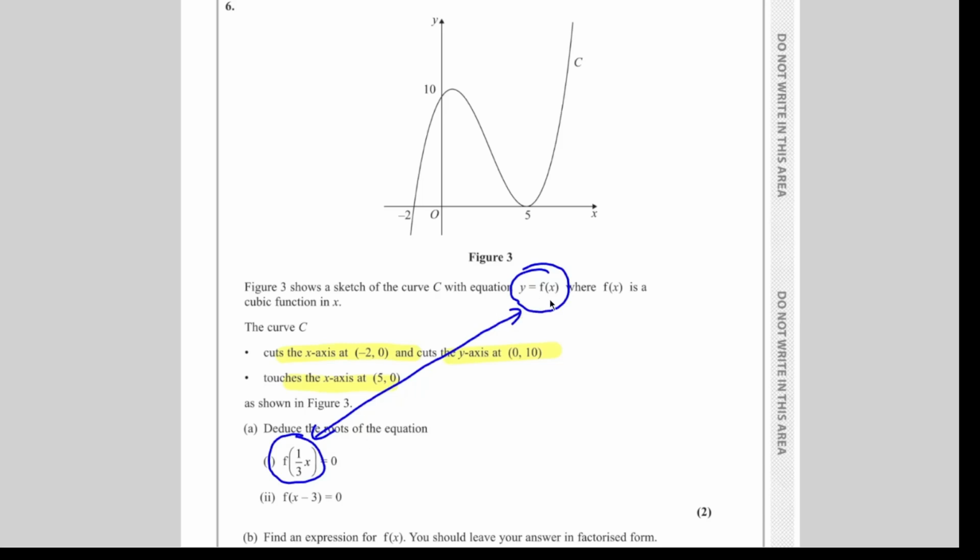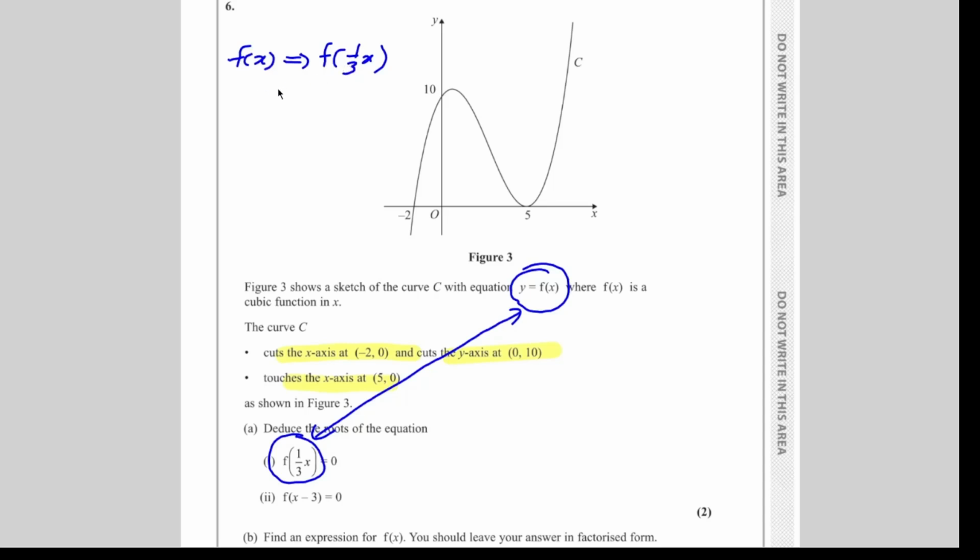It means this x has become 1/3 x. It was f of x, and now it is f of 1/3 x. Can you see this change? It is inside the bracket.